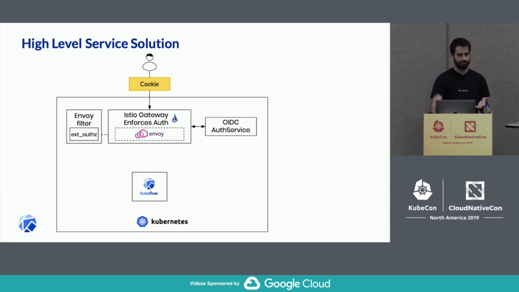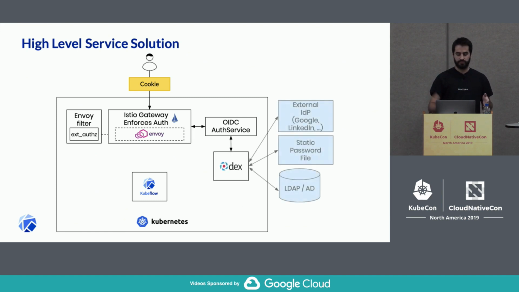OIDC. Now, the user's identity can be retrieved in a number of different ways with a number of different authenticating backends. We support LDAP, or Active Directory, an external IDP provider like Google or LinkedIn or GitHub, or even a static user file.